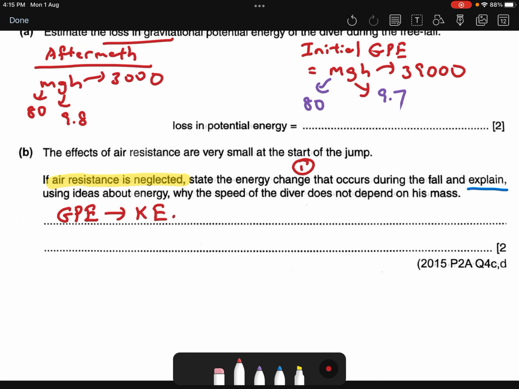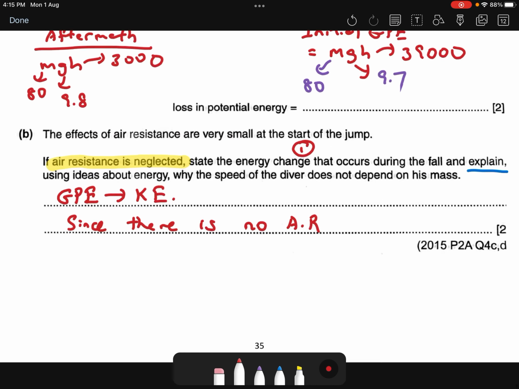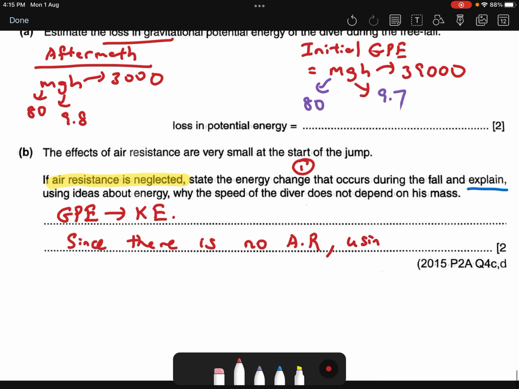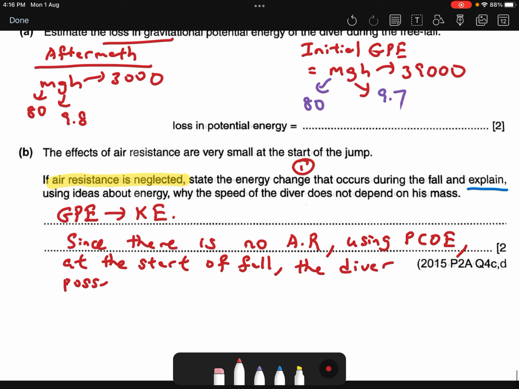Very simple. First thing first, you say that since there is no air resistance, using the principle of conservation of energy, at the start of the fall the diver possesses only GPE.